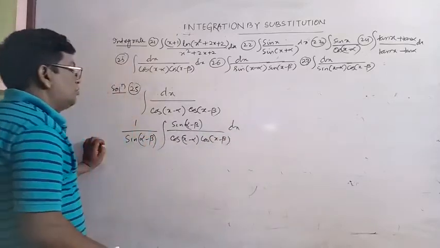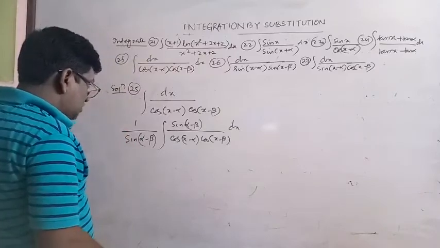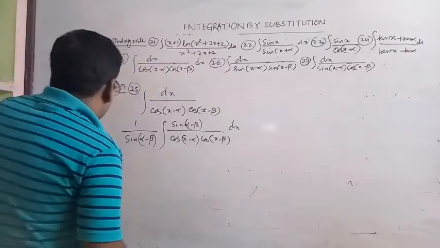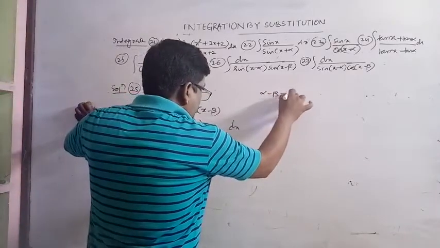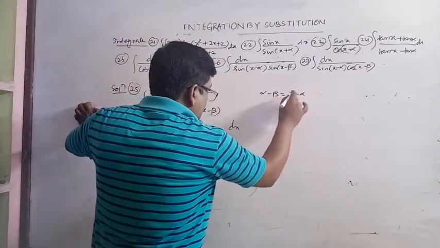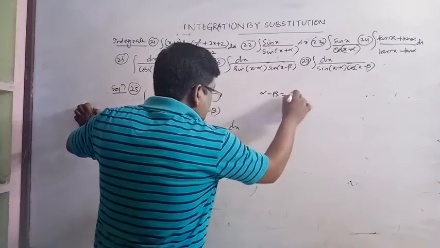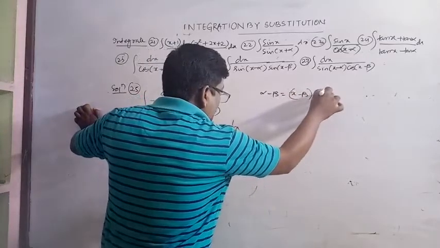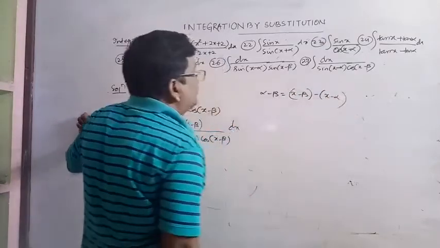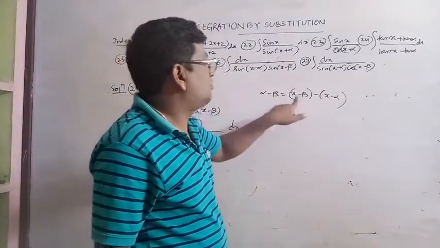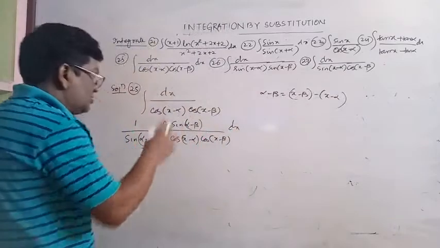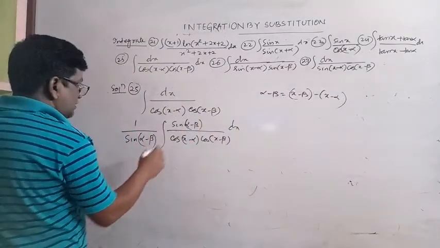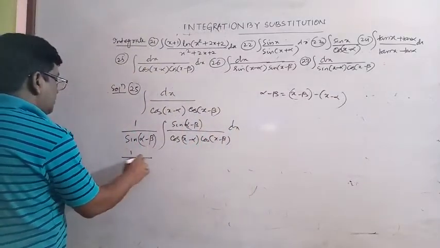Now alpha minus beta can be written as (x minus beta) minus (x minus alpha). Clear? The x cancels, and this is alpha minus beta. Adjust like this.